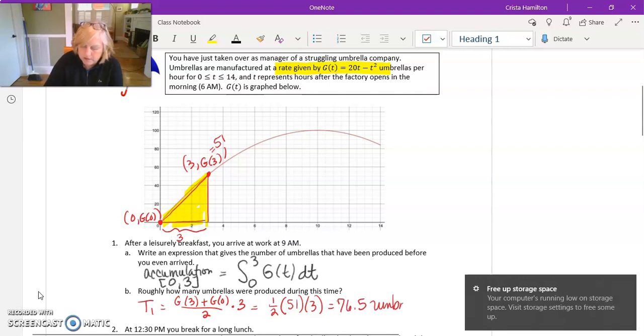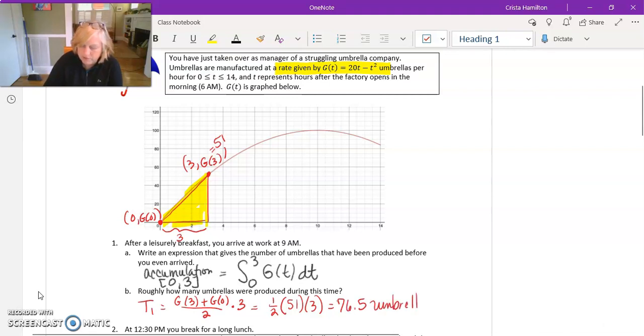So this would be 76.5 umbrellas. And again, to remind you about the units, when we're looking at this rate, the rate 51 over 2 that we had is going to be umbrellas per hour.